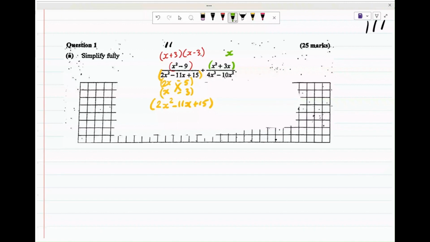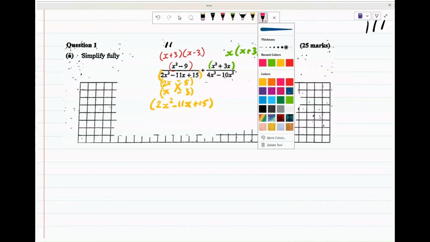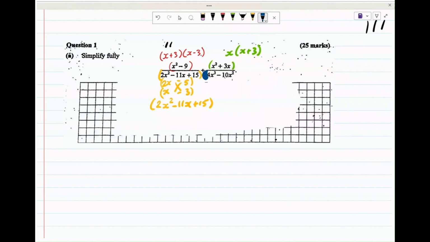This one here, we can just take out the x. That's x into x plus 3. And we'll do this one in blue. Down here, we can just take out the 2x squared. So that's 2x minus 5.